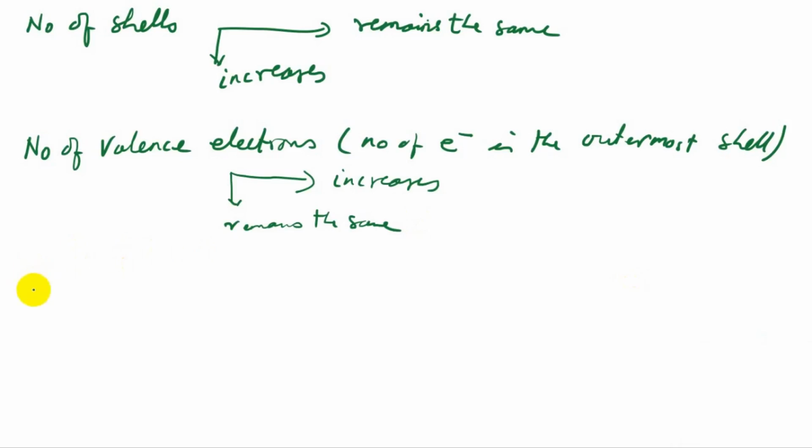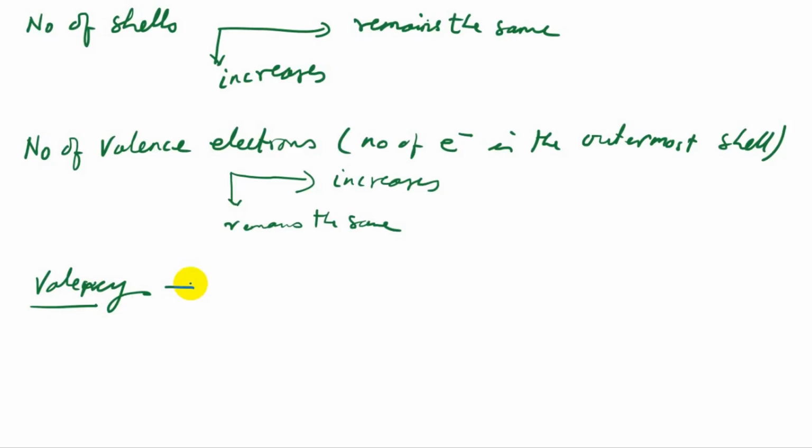And from this, one more thing, let's do it here. Valency. Valency is the number of electrons gained or lost or shared during chemical bonding. It's actually the combining capacity of an element. How much combining capacity it has depends upon how many electrons it can gain, lose, or share.